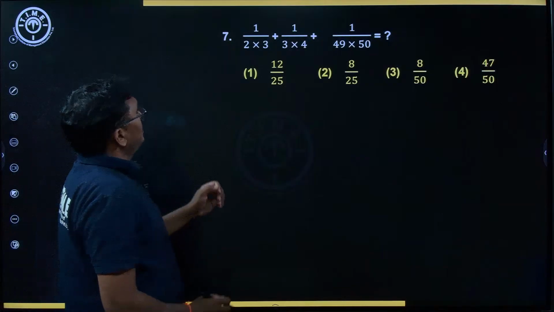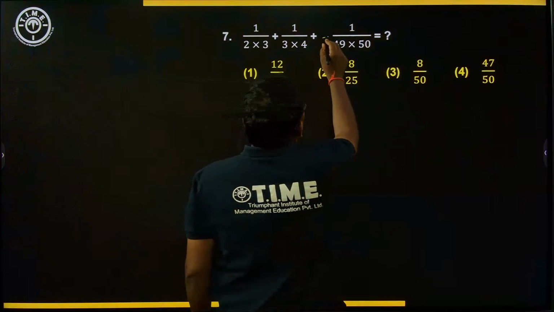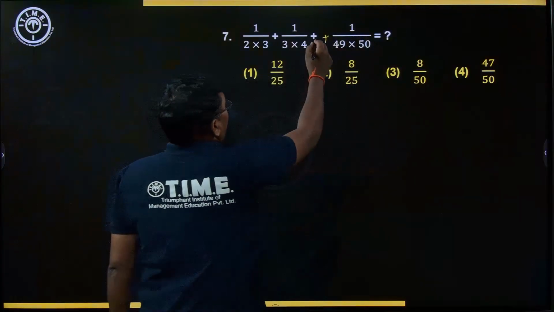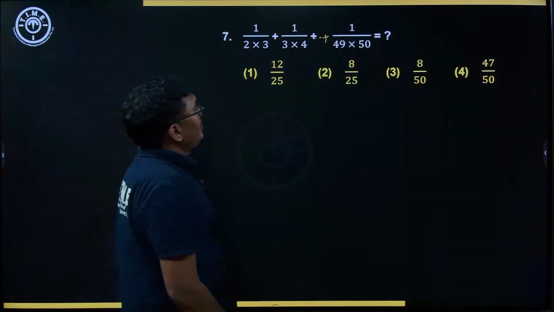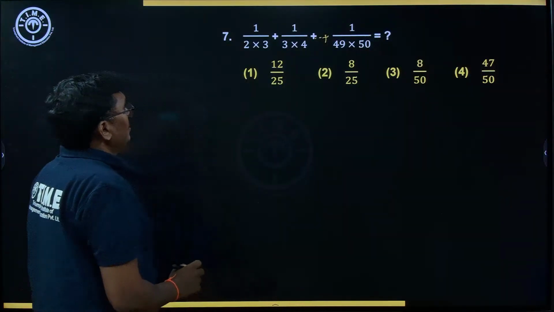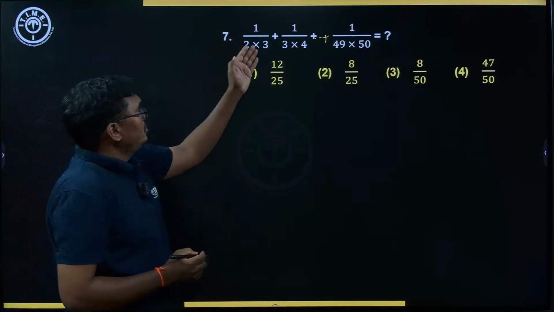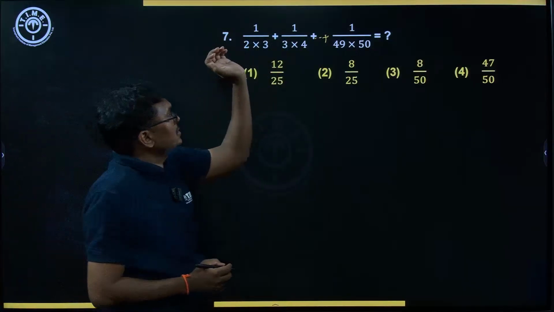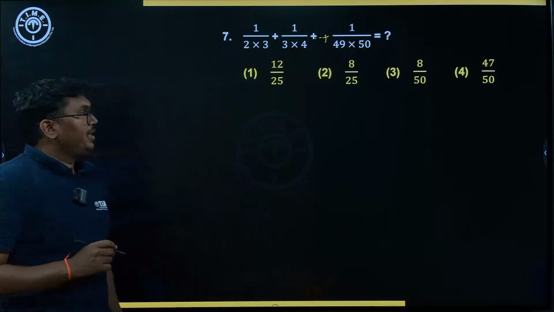Next, question number 7. 1 by 2 into 3 plus 1 by 3 into 4 plus and so on plus 1 by 49 into 50, is equal to how much?